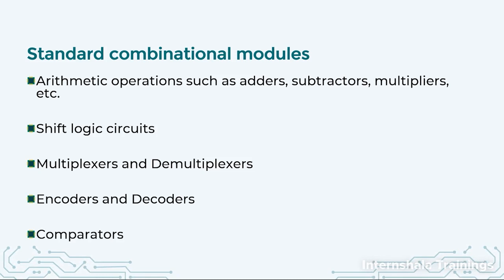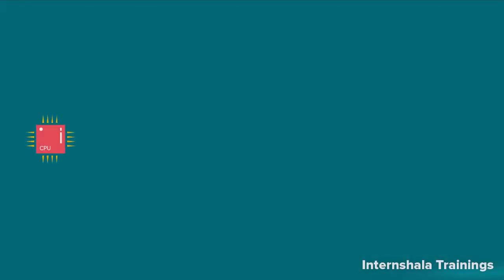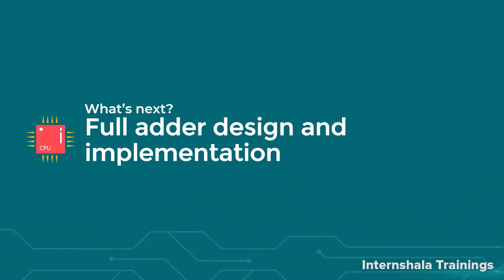So all of them we will be discussing at different stages. And then once we design these modules, we will also use multiple modules in a single circuit, to make slightly complex digital systems.